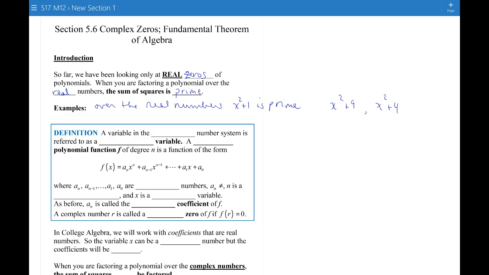Okay, so now let's talk about a variable in the complex number system, and it's referred to as a complex variable. And a complex polynomial function f looks just like the ones we've been looking at. The difference now is that the coefficients could be complex numbers. There's no requirement that they be real numbers.